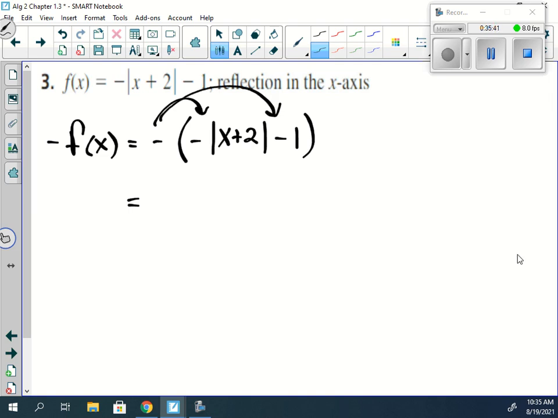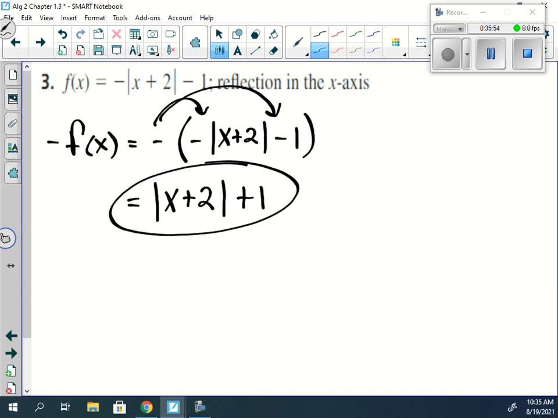Negative and a negative make a positive, so for the absolute value, we just have the absolute value of x plus 2. Our negative 1 would become positive 1, and that's our new function. Any questions on any of this here? We good with this here?